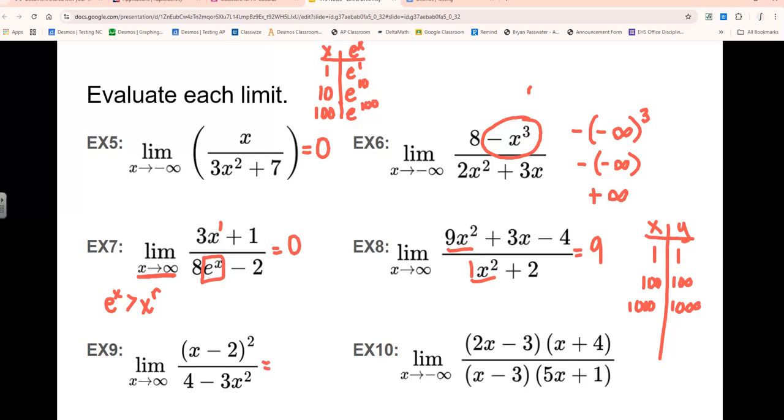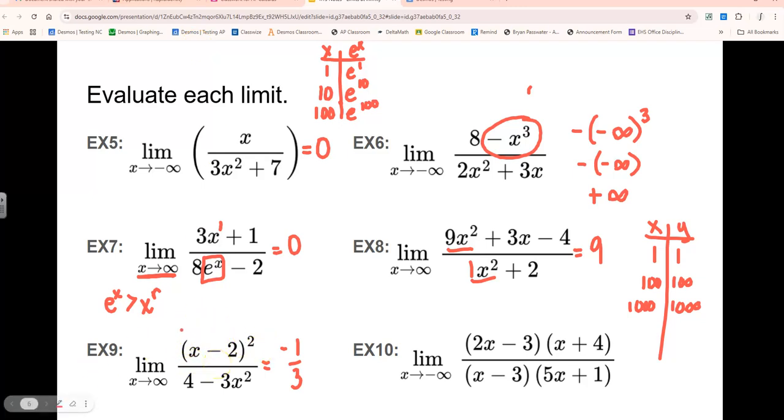Who can tell me what they got for number 9? What have you got? Connor? Yes, negative 1/3. Because it might look like this is bigger on the bottom because you have that x squared, but really this has to be multiplied out.